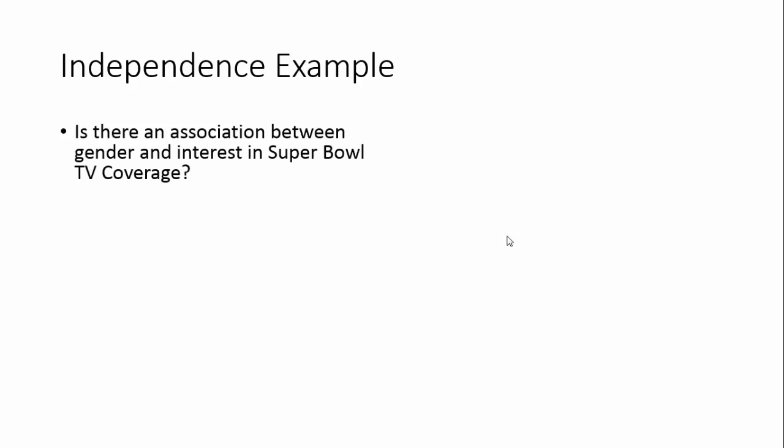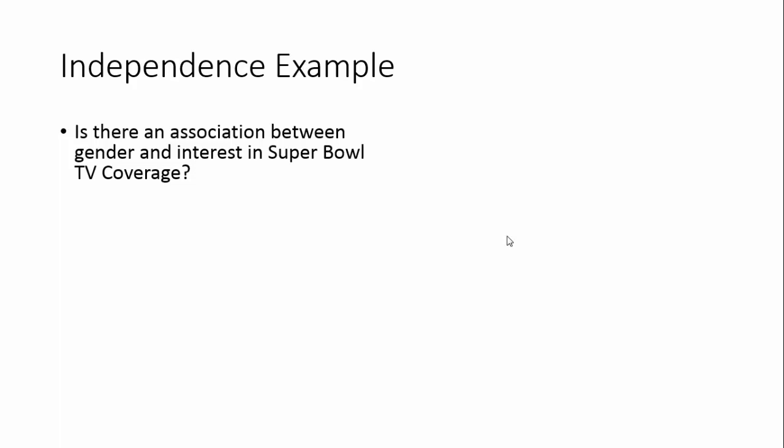A company was interested in surveying people who were going to watch the Super Bowl, and they were interested in the differences between men and women, if there were any. They surveyed a bunch of people, and they asked, are you going to watch the Super Bowl or not? And if you are, are you going to watch it for the game or for the commercials?